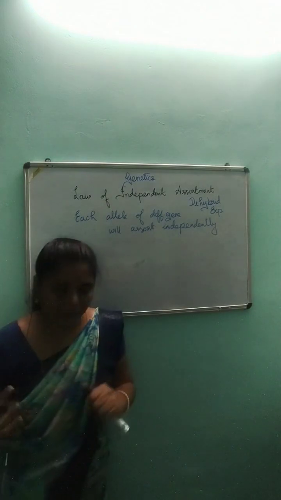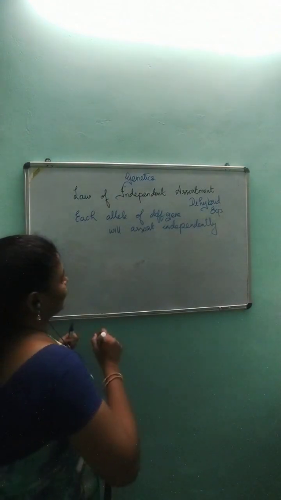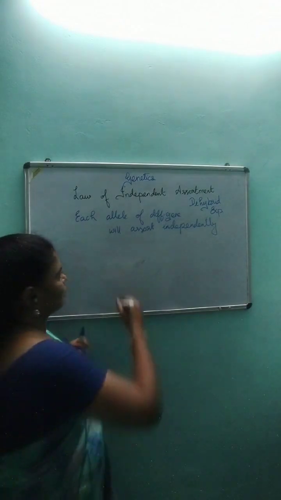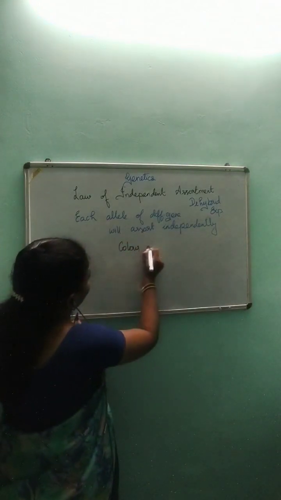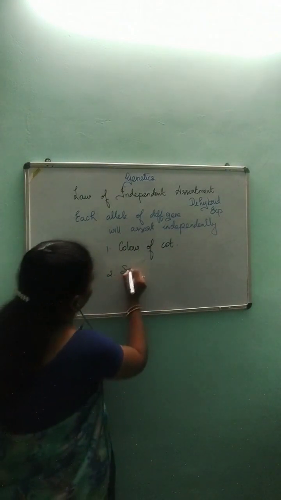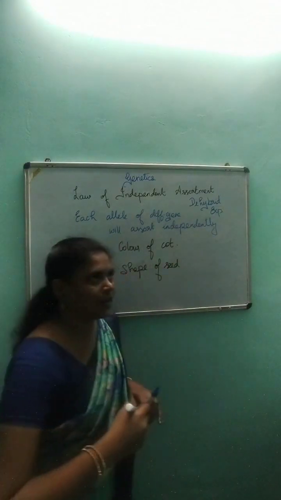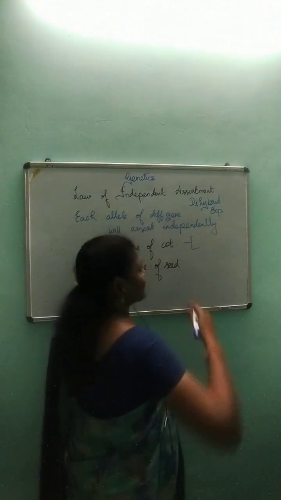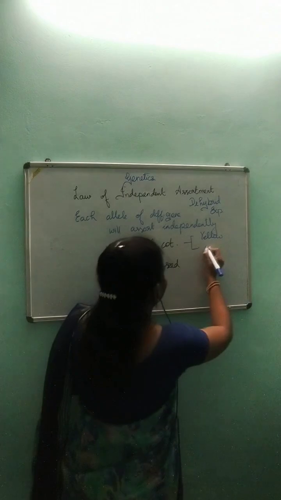Let us see how he did it. To do the dihybrid experiment, he took into account two characters of a plant, using pure breeds. The first character he considered is the color of the cotyledon and the second is the shape of the seed. For the color of the cotyledon, he observed two different colors, yellow and green.